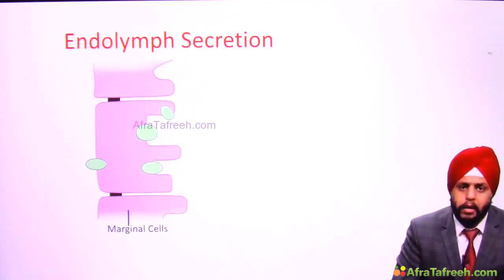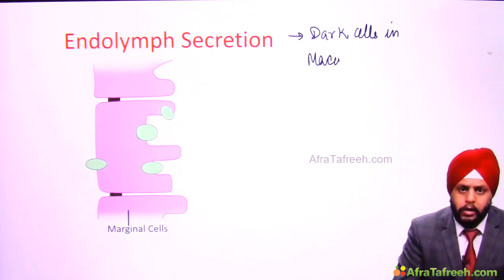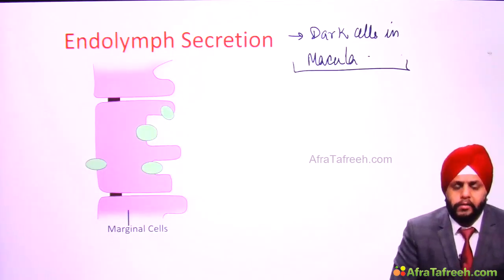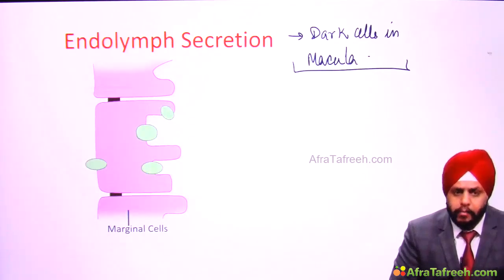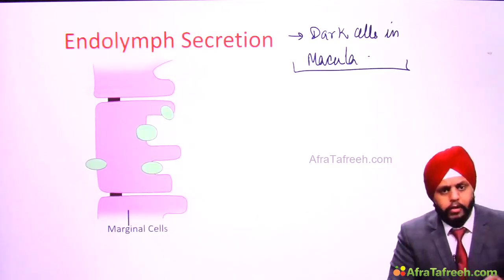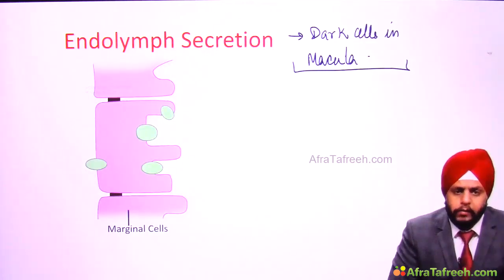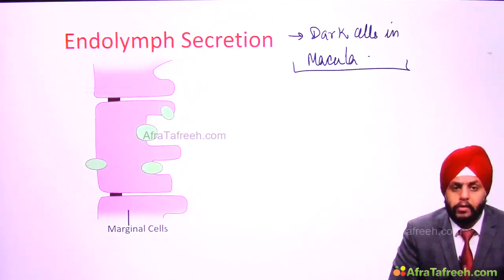But do remember that the endolymph is also secreted by dark cells in macula. So macula is in the vestibular labyrinth. So it is also secreted in the vestibular labyrinth by the dark cells in the macula. Now we are going to see how the endolymph is secreted by the stria vascularis in the cochlea.